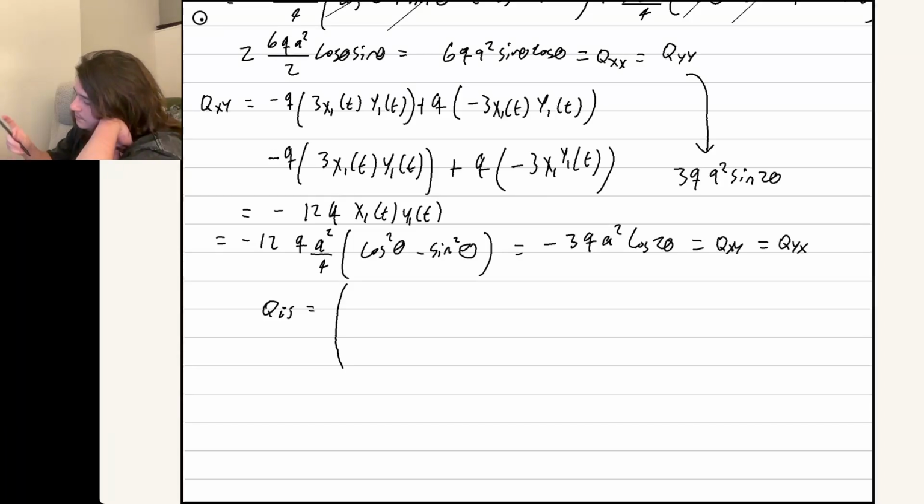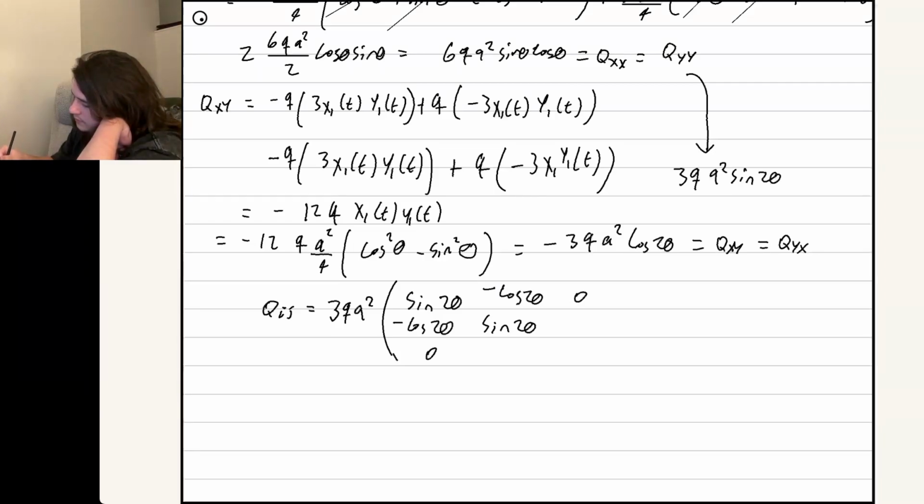I'm going to factor out 3qa squared, and then you'll have positive sine 2 theta on the diagonal, then minus cosine 2 theta on off diagonals, and then 0 on any of the z-dependent stuff. So it is traceless and it's a quadrupole moment, and that's looking good.